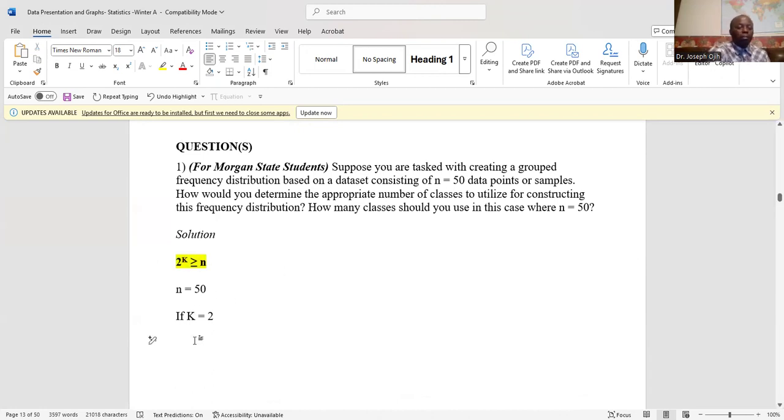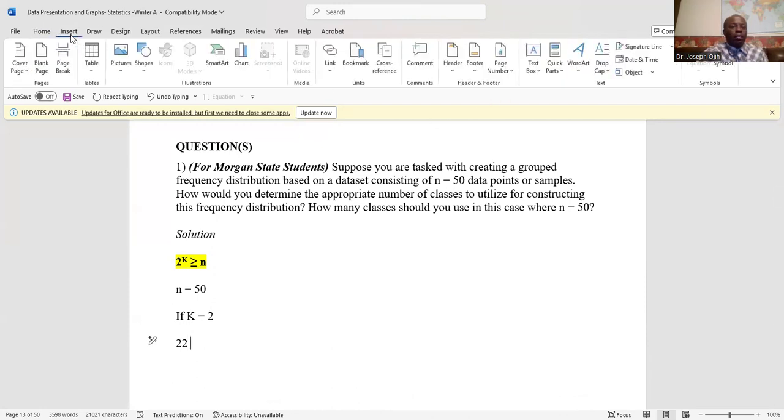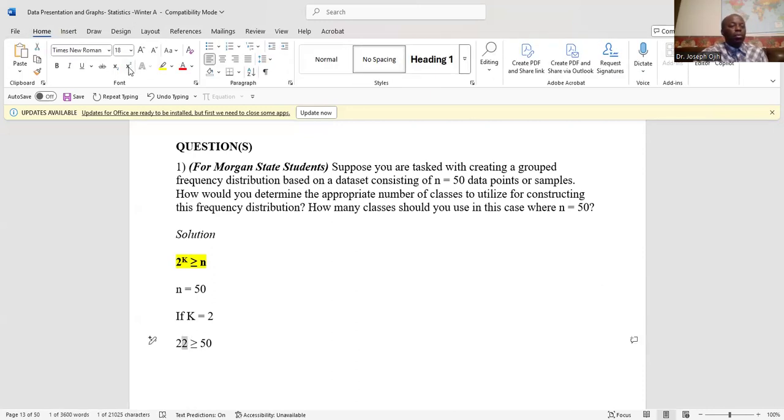That means 2 to the power 2 should be greater than or equal to 50. 2 raised to the power 2 is 4, because 2 times 2 is 4.